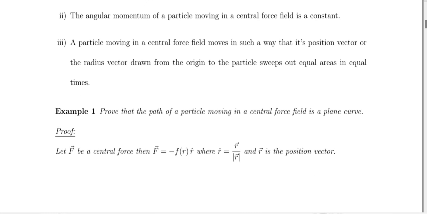I want us to go through an example here. I will try to prove that the path of a particle moving in a central force field is a plane curve.